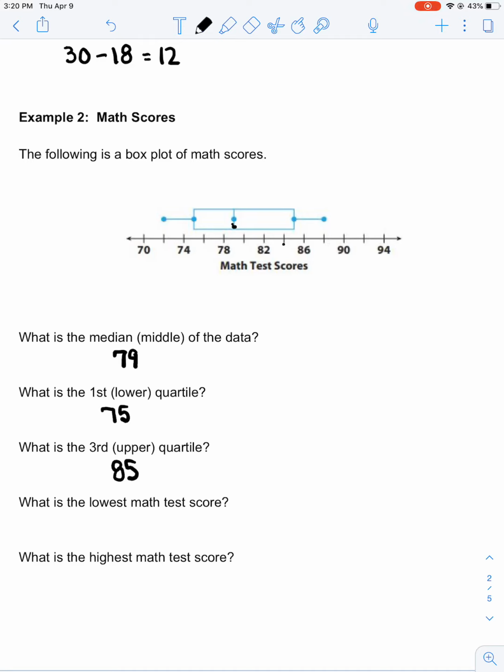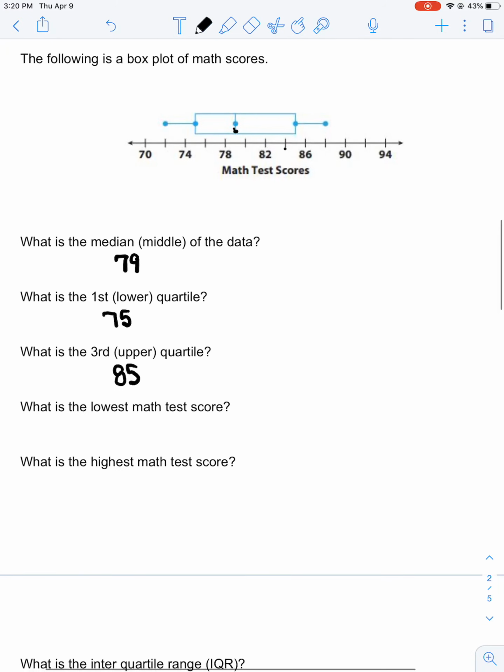The lowest math test score here would be 72. Let me move this up just a little bit so I can write on here. So it would be 72. Our highest math test score would be 88.